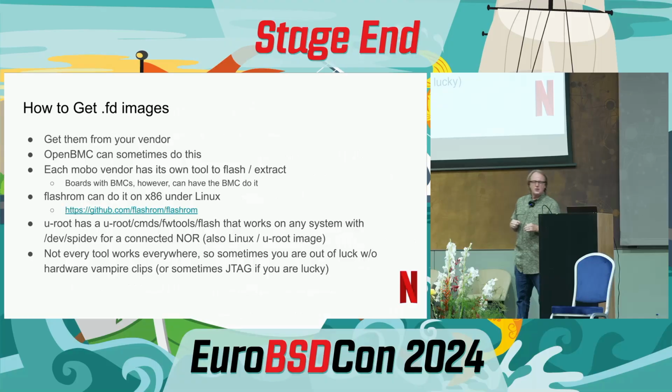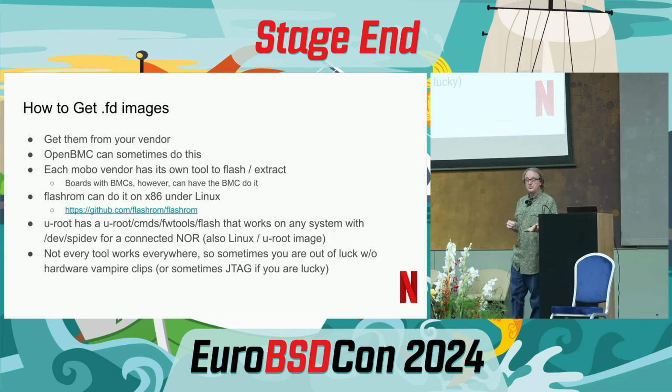So the first thing that you want to do if you're trying to create a LinuxBoot image is to get what's called the FD image, and that's just the firmware device images. It's a term that is used in the UEFI standard to describe what these images are, and they're hierarchical. And there's a number of ways that you can get these images.